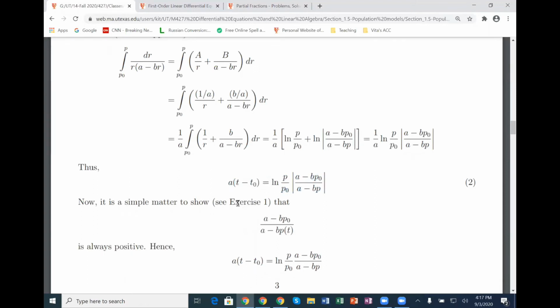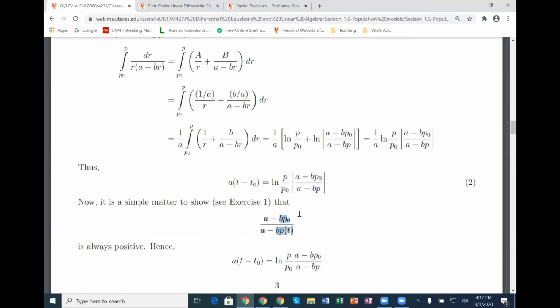So, number one, in exercise 1 from homework, we show that this expression is always positive. By the way, here we remind our readers that P0 is a number, but P is a function.